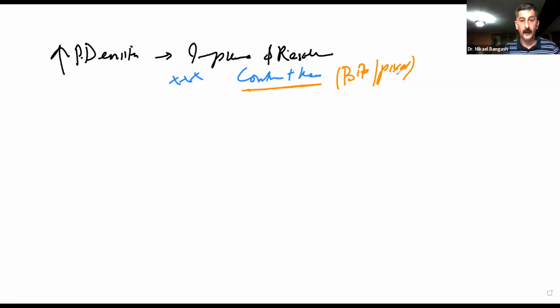So yes, if you increase the pixel density, what does that mean? That actually means that there was a decrease in the pixel size.